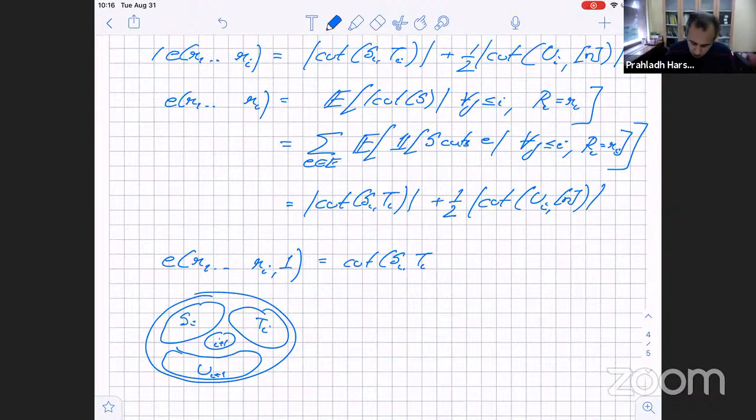So let's look at what happens. This will be this. And I want to claim this is exactly, now look at the edges going from I plus 1. If I chose it to be in the cut, I would cut all the edges going from it to TI, plus half the cut of UI plus 1.